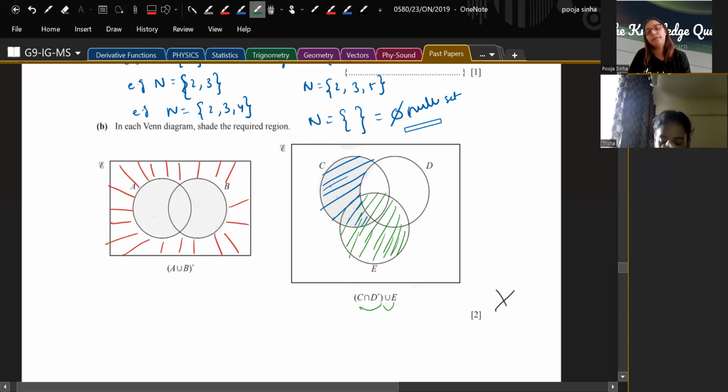But that doesn't come under the shaded region, nahi aa raha, but it is asking you to unite these two regions. And then give the answer. Got it? So this whole thing is your final answer, along with the previously shaded part. Okay. Got it?